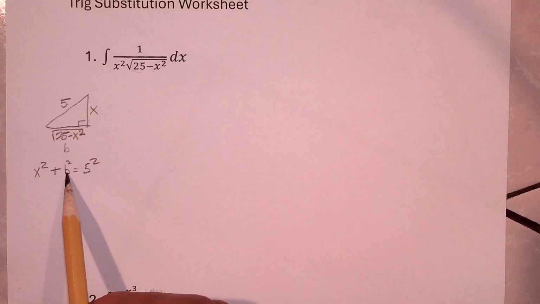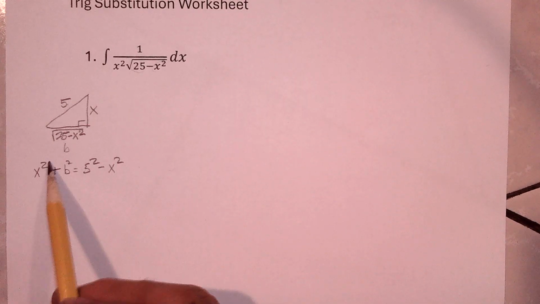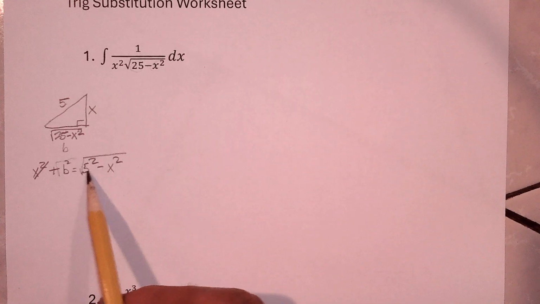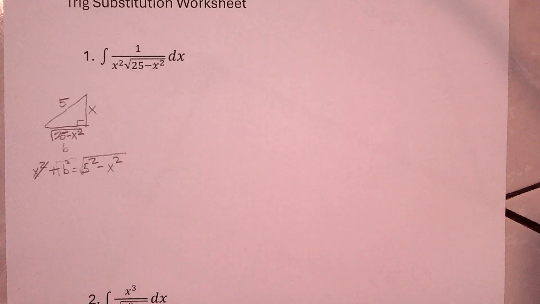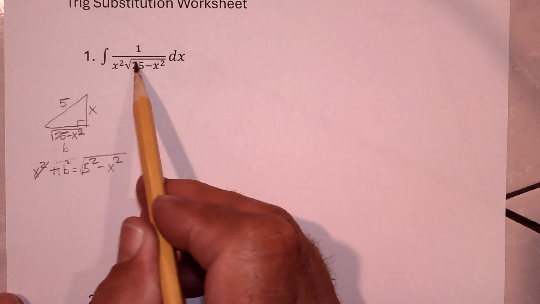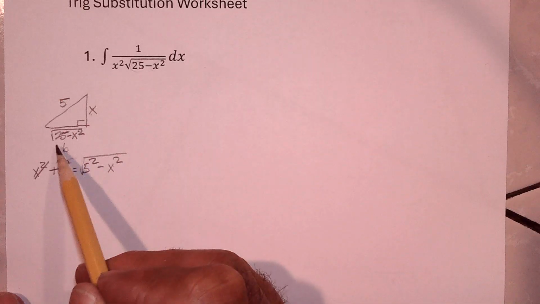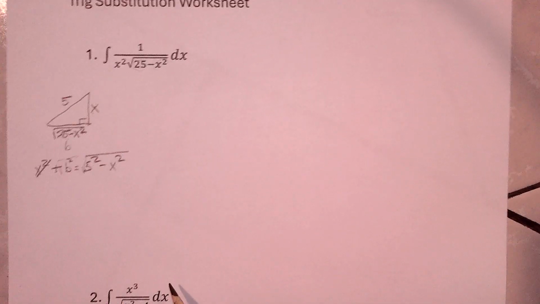So if I solve for b, I subtract the x squared, and then I take the square root to get rid of the square, and I get the square root of 25 minus x squared for this side. So that's why I put this on the hypotenuse and this on one of the legs, and the other leg will be the square root of 25 minus x squared.